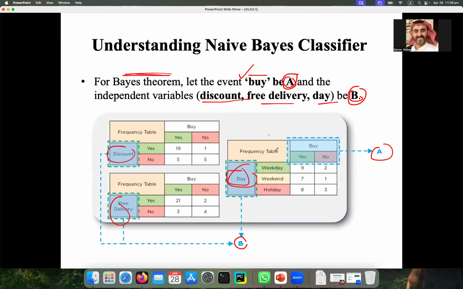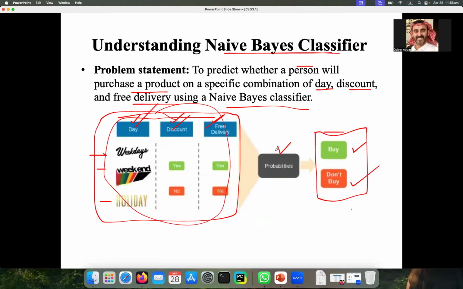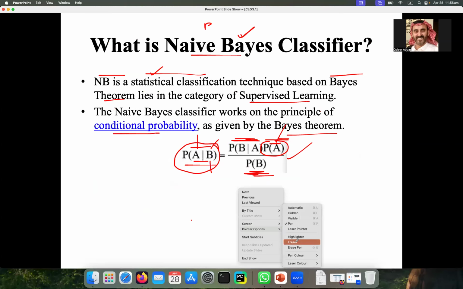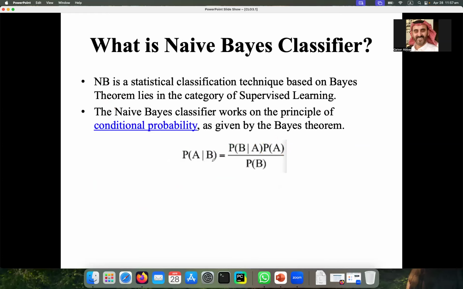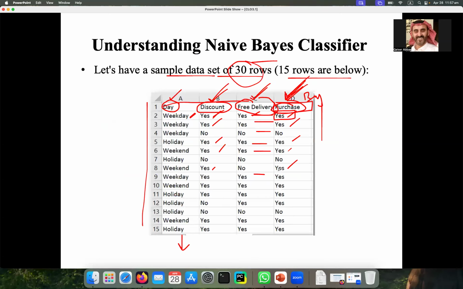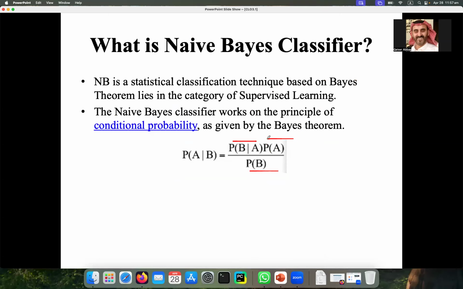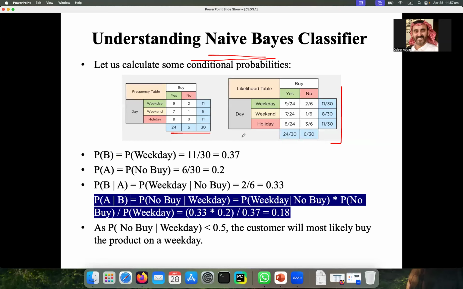Our equation is probability of A given B equals probability of B given A, reversed, multiplied by probability of A, divided by probability of B. So I have to find first probability of A, probability of B, and then probability of B given A. That's why I am calculating probability of B here.